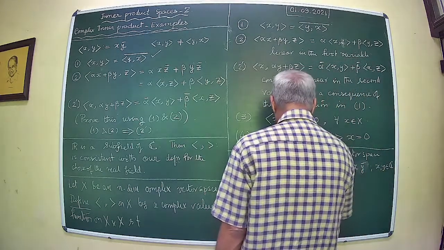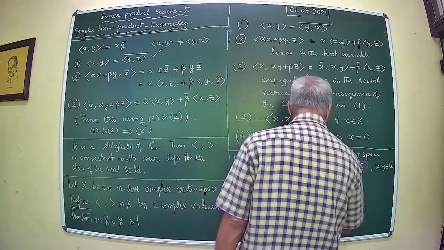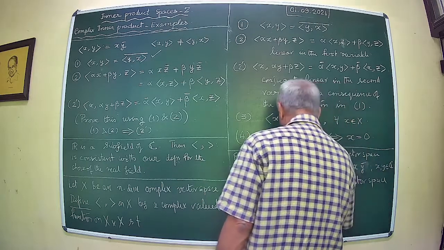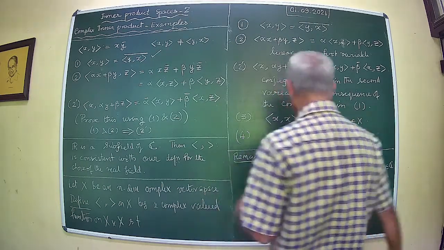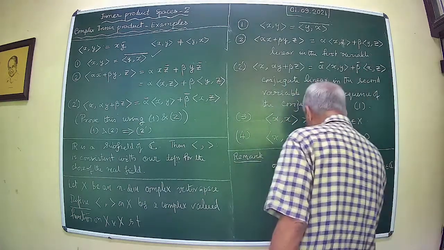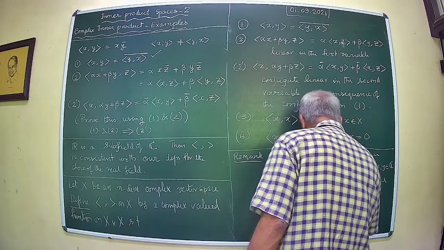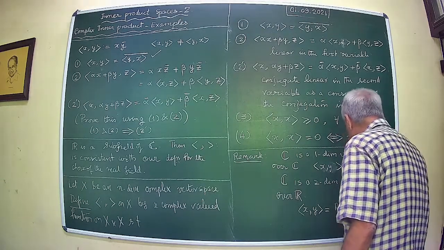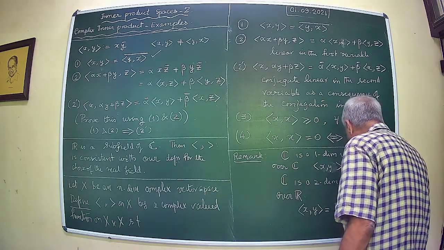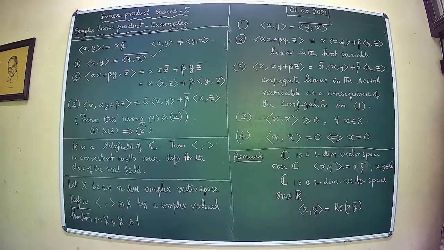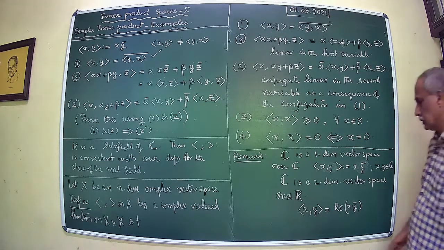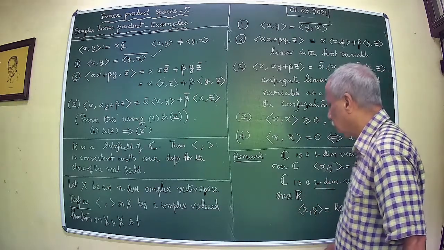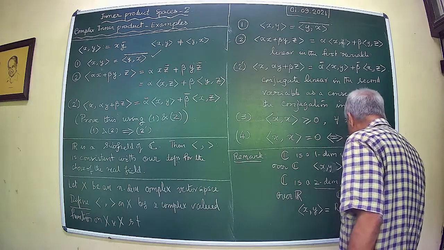C is a two-dimensional vector space over R. Now there you define, because this has to be real, you define as the real part of this is equal to, and you know that this is two-dimensional, so C is isomorphic to a copy of R.